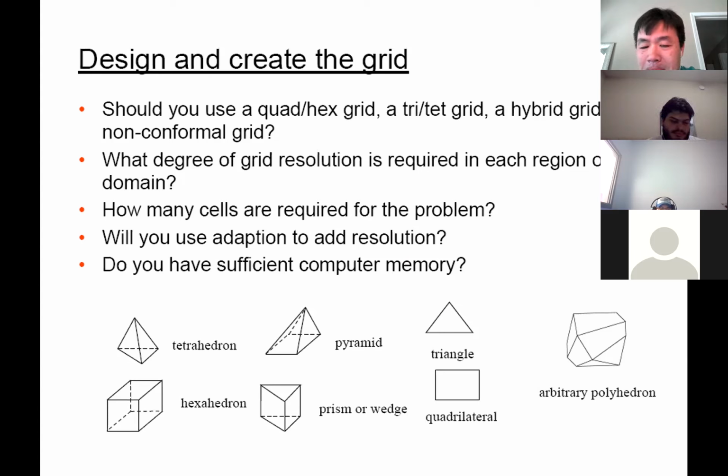The numerical methods, the models, have to align with those grid shapes. Based on the shape of the mesh, the equation has to change a little bit to take the shapes into account. So that's the process.